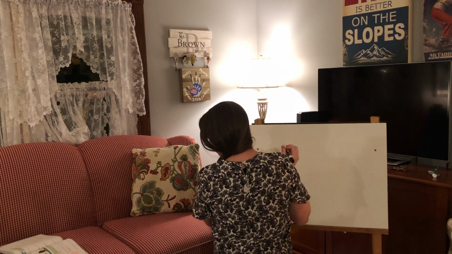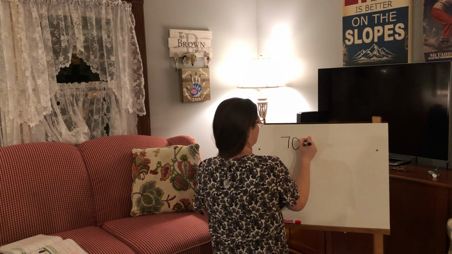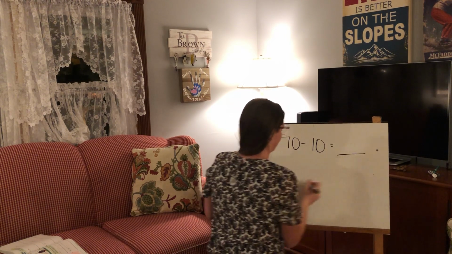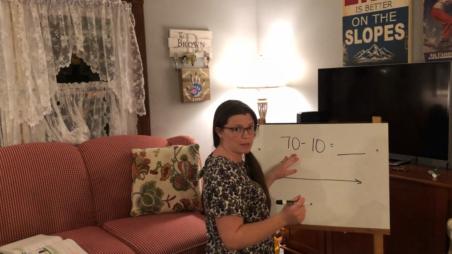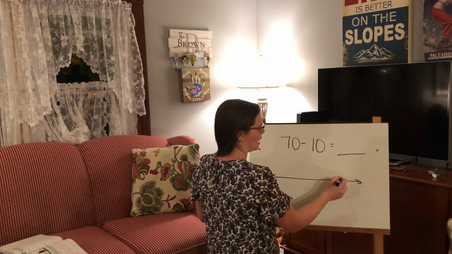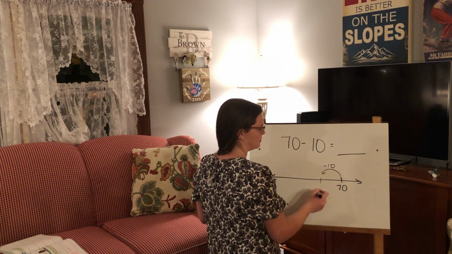So our next example, we'll just do 70 minus just 10, okay? So I'm gonna draw that open number line. We know 70 is gonna be my biggest number, so I'll put it over here at the end. And I'm gonna jump back minus 10, right?